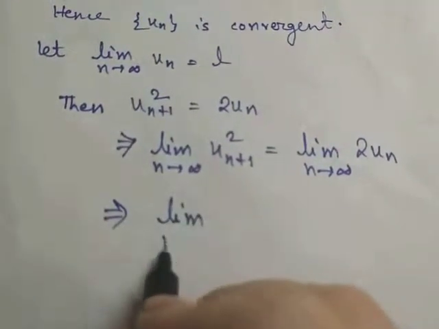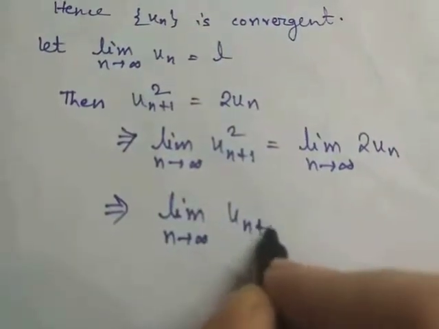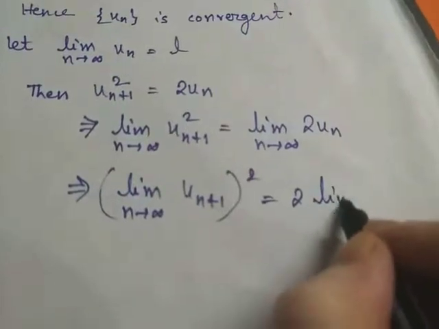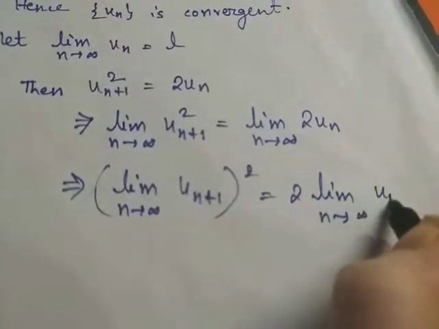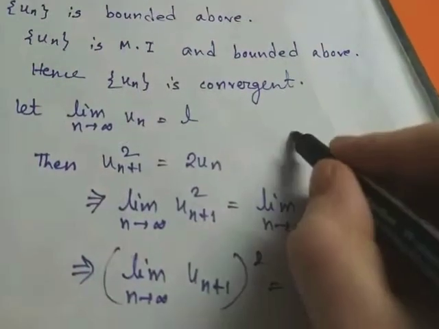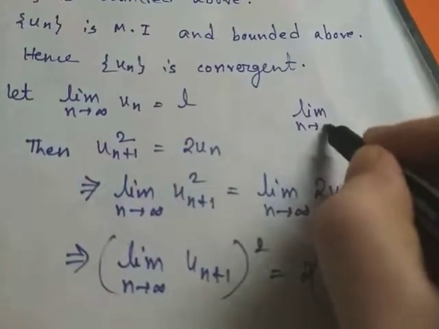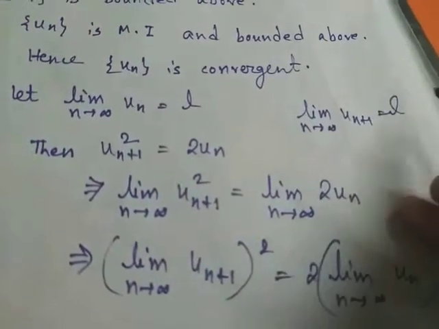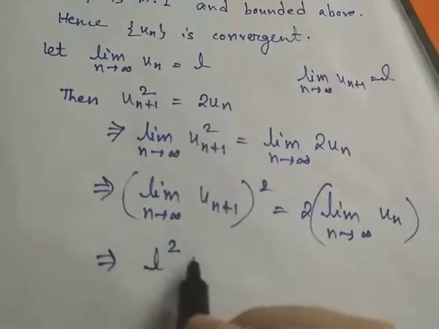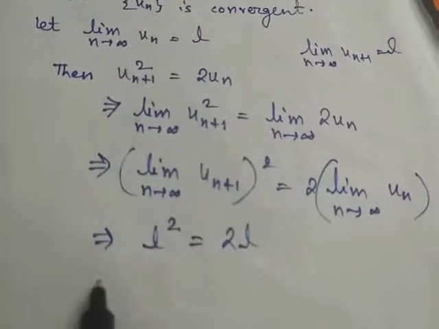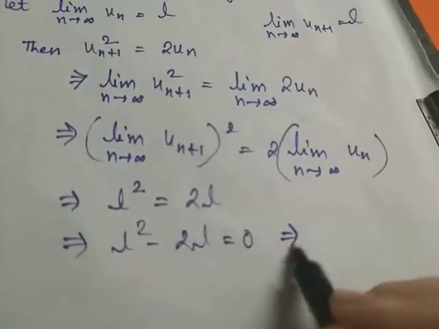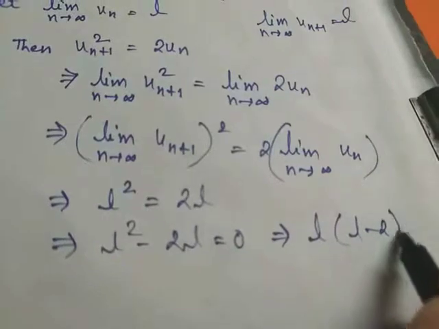This can be written as the limit as n tends to infinity of (un+1) whole square equals 2 into the limit as n tends to infinity of un. Now the limit of un equals L, therefore we can also say the limit of un+1 equals L. So L square equals 2L, which implies L square minus 2L equals 0, which implies L into (L minus 2) equals 0.